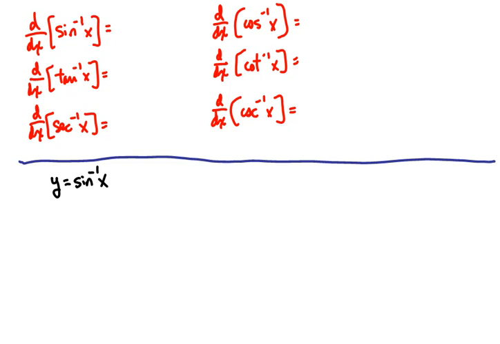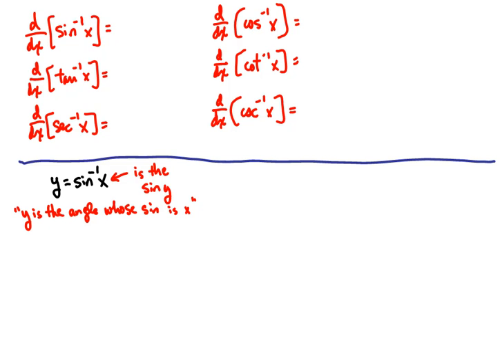and it gives us back the angle. So x is a sine, and when we give it to the inverse sine function, it gives us back an angle that x is the sine of. So we can say that x is the sine of y, or that y is the angle whose sine is x.